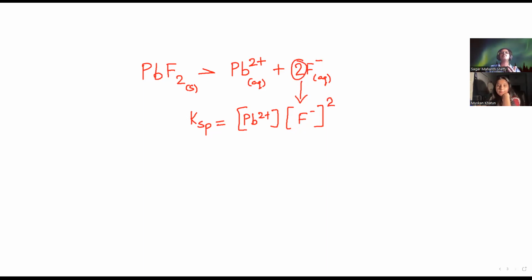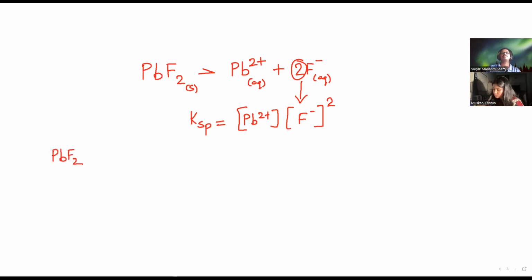Now let us come to the molar solubility of lead fluoride. If we have to calculate this, how do I calculate? It's the same formula again. First of all, let us calculate for lead fluoride on the whole.